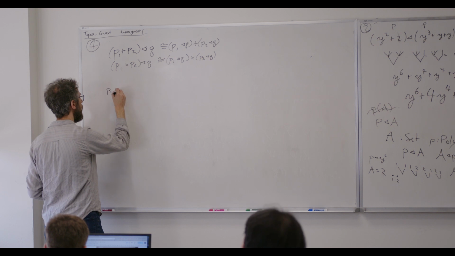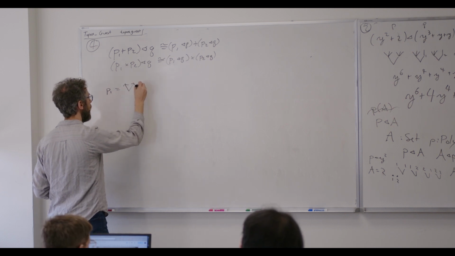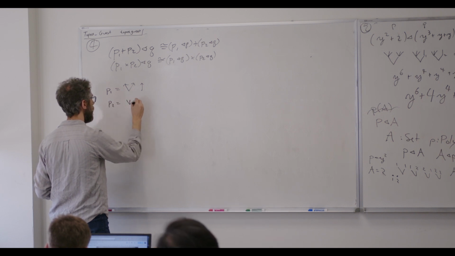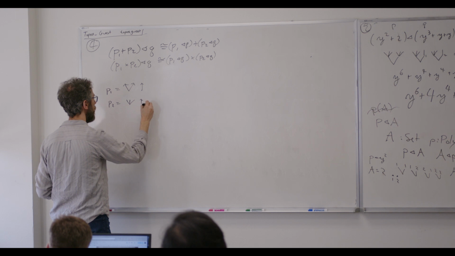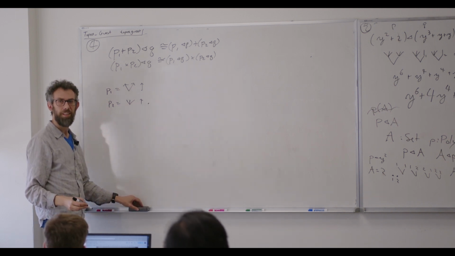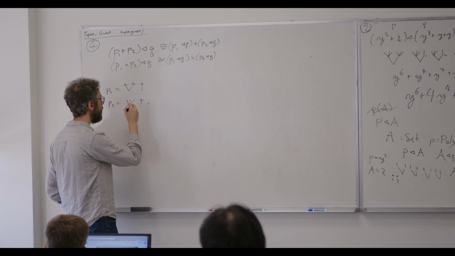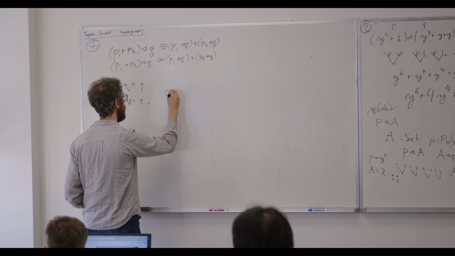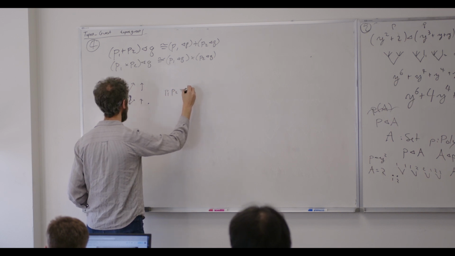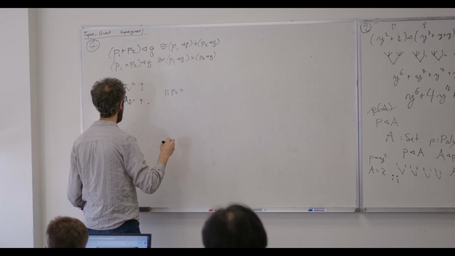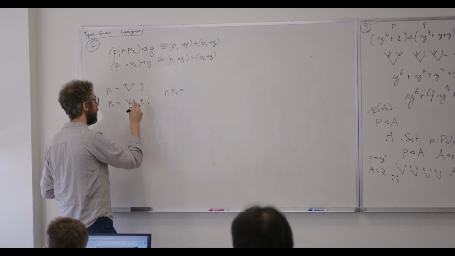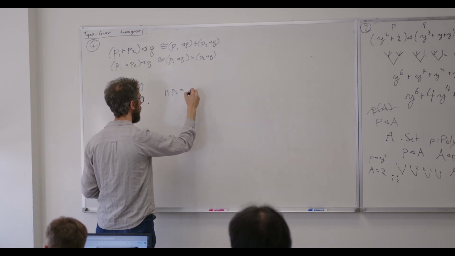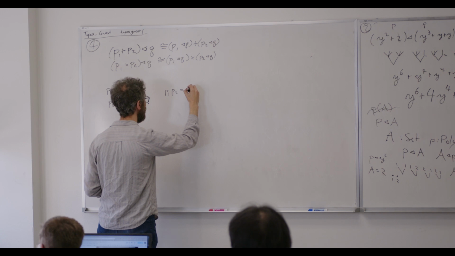So if P1 is like that, and P2 is like that, so y squared plus y and y cubed plus y plus 1, then P1 times P2 is you pick a position from each, and then you add.